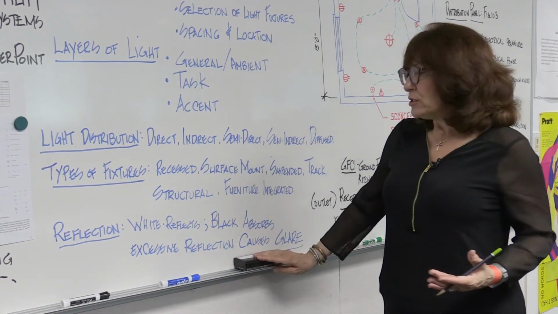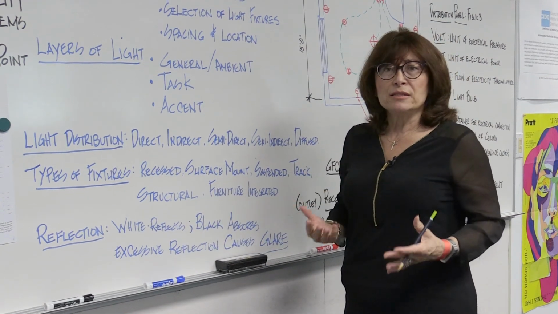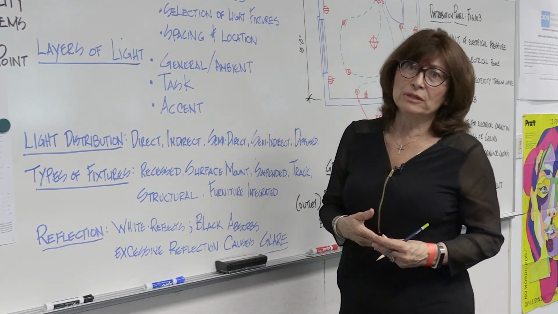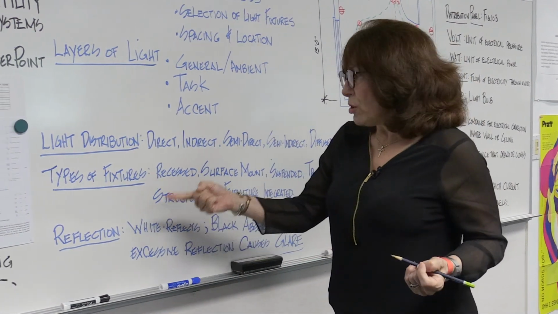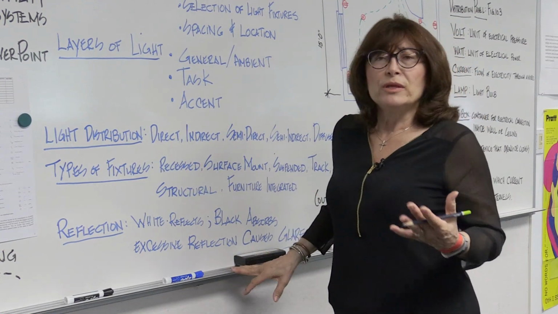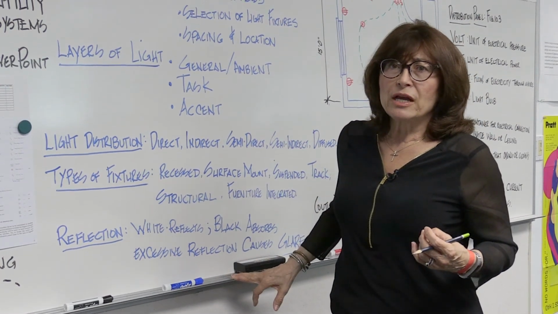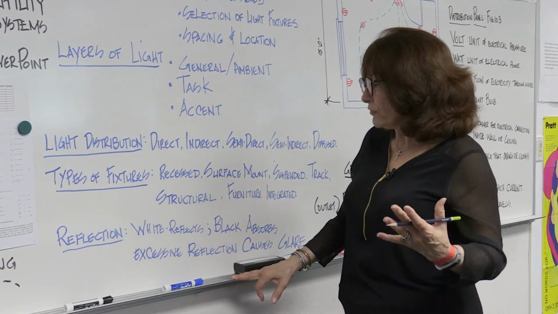Some things that I'd like to go over now are a little bit about reflection and some vocabulary that you'll need to have a little bit of understanding for. So we talked about the different types of fixtures and light distribution. Well, with lighting, you have to think about reflection because light is going to hit surfaces and reflect off of them.